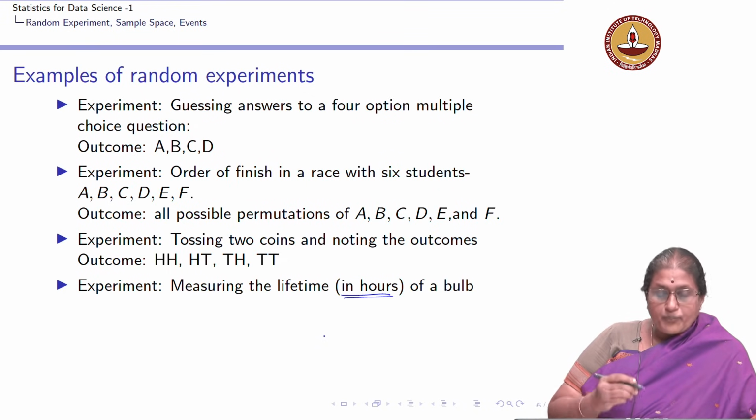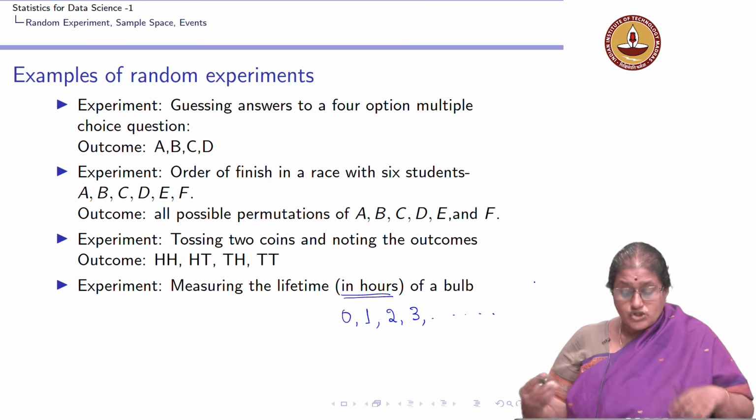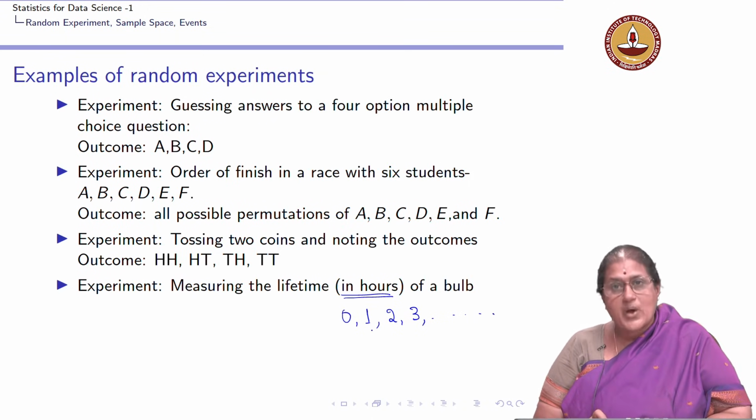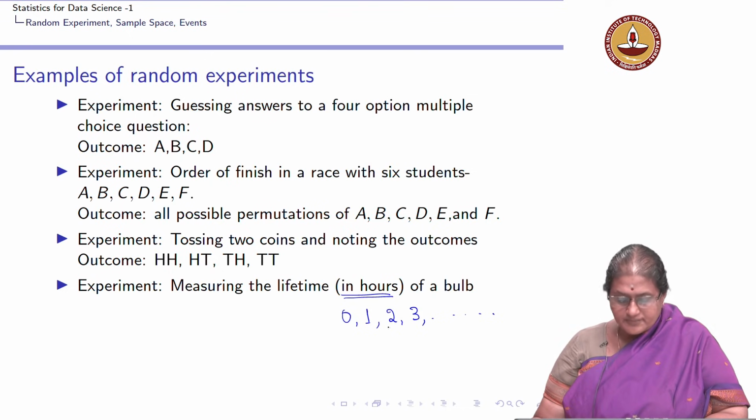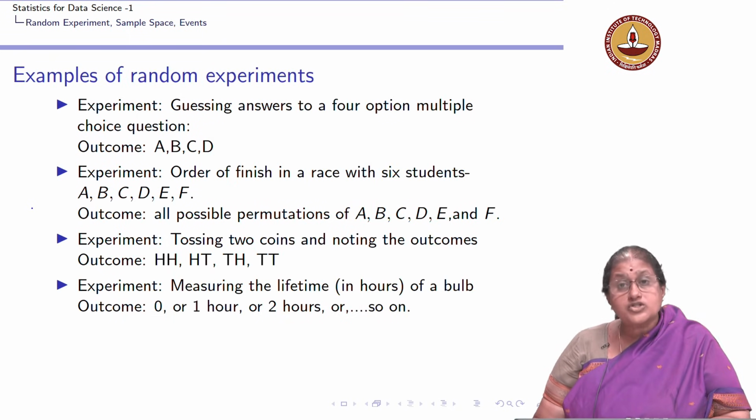So, what are the possible outcomes? It could last for 0 hours or 1 hour or 2 hours or 3 hours, and I can keep going. It could be any amount of time. So, it is 0 or 1 hour or 2 hours or so on. These are the possible outcomes.